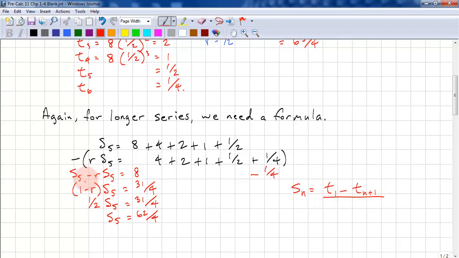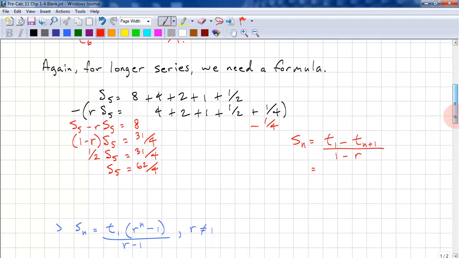And we're dividing this by 1 minus r. Now we can substitute the formula for this. T1 minus T1 times r to the n, over 1 minus r. Now what we'd like to do is factor out a T1 here. T1 times 1 minus r to the n.